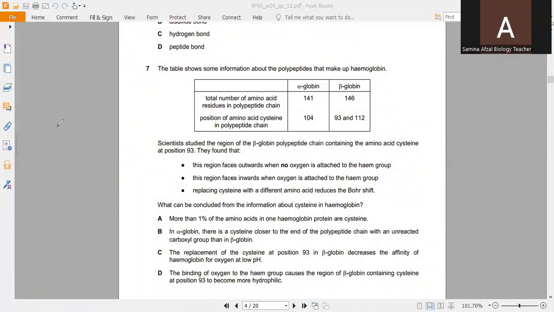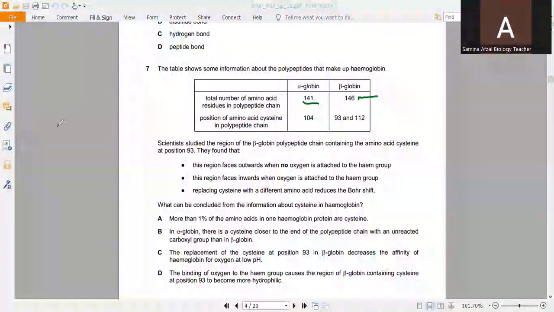Here they have given us a table, and this table shows that the total number of amino acid residues in the polypeptide chain in alpha globin is 141, and in beta globin it is 146. And then the position of the amino acid cysteine in the polypeptide chain is 104 and 93 and 112 in beta globin.